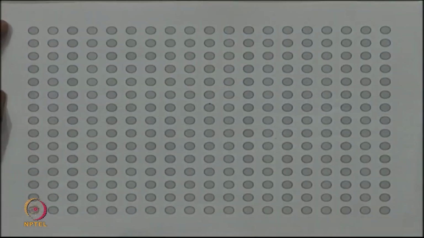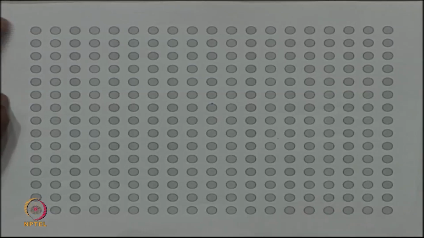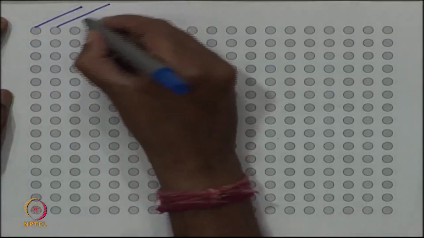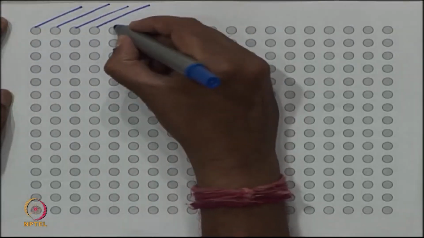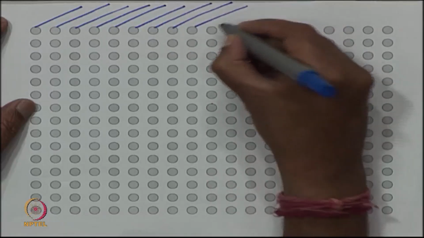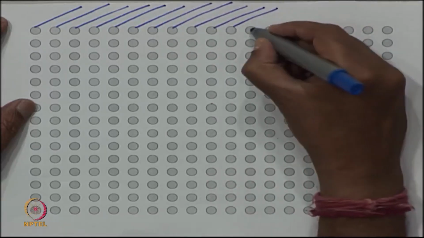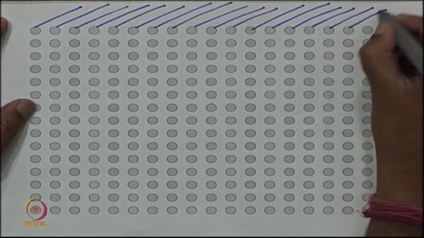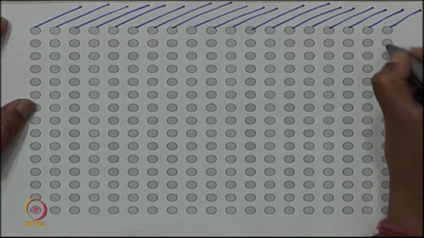Let us start with a crystal and imagine that we are seeing the front face of a simple cubic crystal. So, the planes are going in like this, and what we are seeing is the front face.